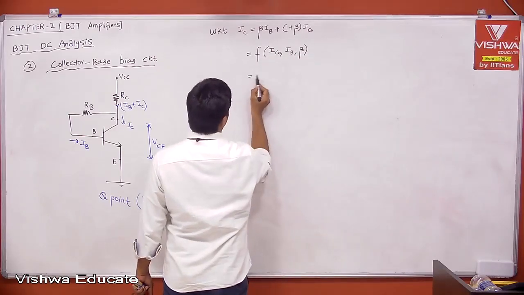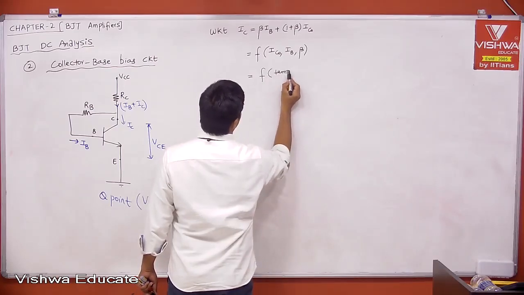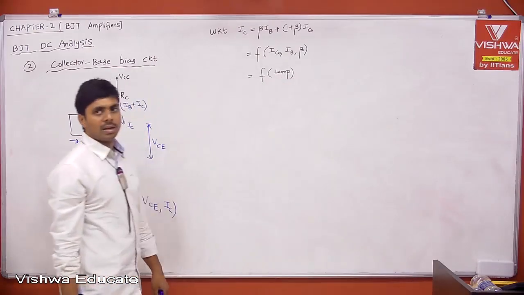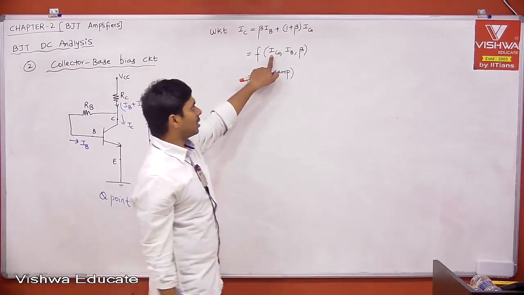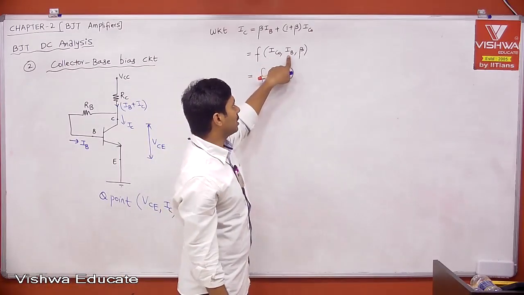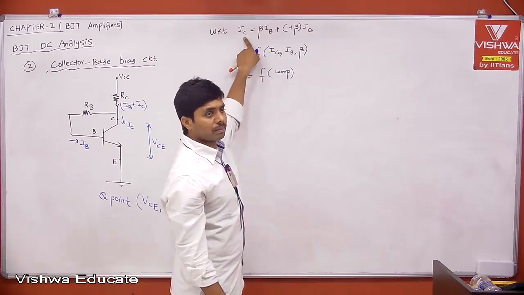All three in turn depend on temperature. This is what we had seen. Therefore, if temperature increases, ICO is increasing, IB is increasing, beta is increasing, your IC is increasing.